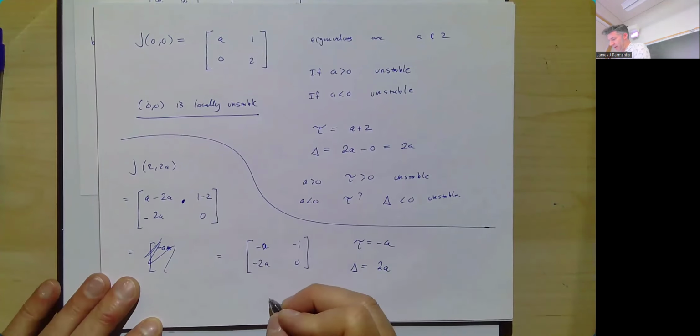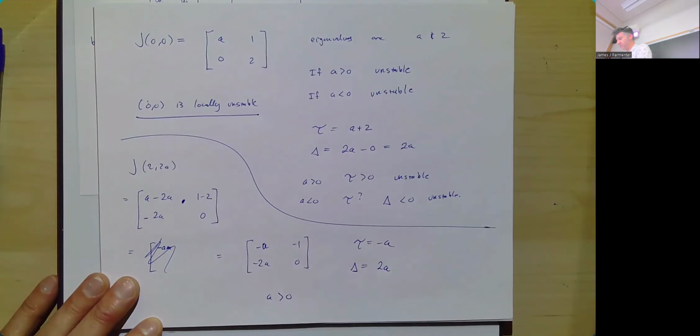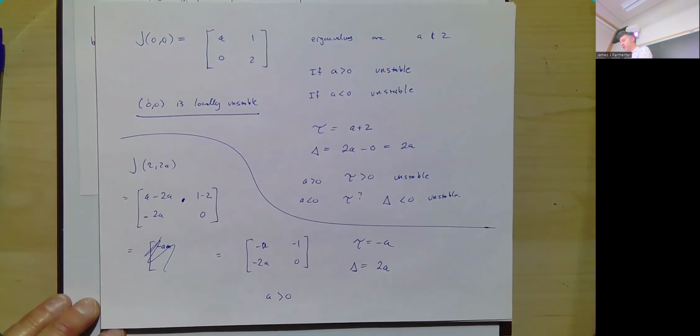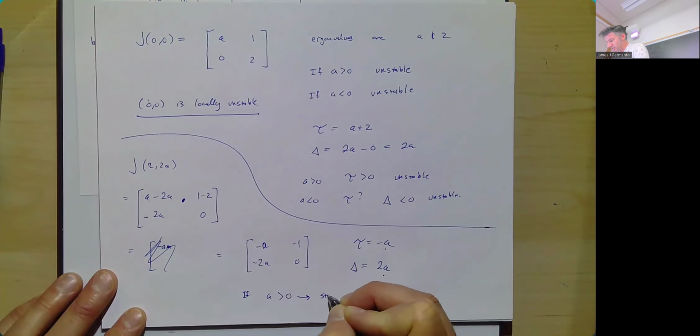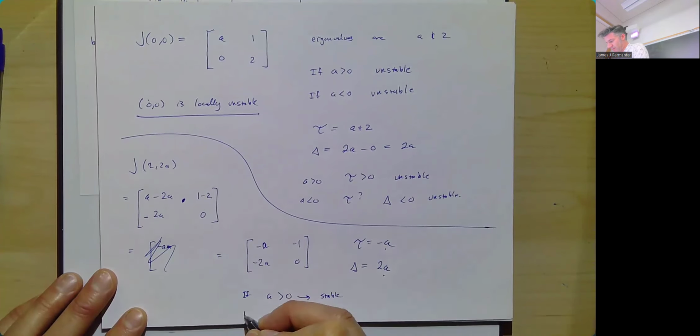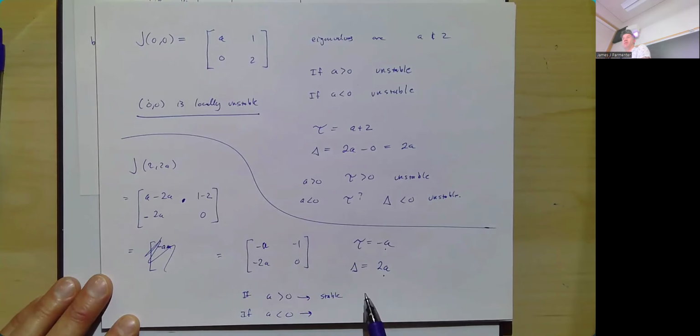So it looks like if a is positive, then we have stability because our trace is negative and our determinant is positive, and those are the two things that need to be true. So if a is positive, stable. If a is negative, then we fail hard. So a is negative, the determinant's negative and the trace is positive. It's unstable.